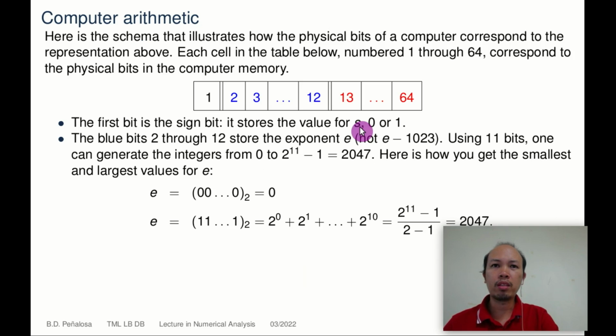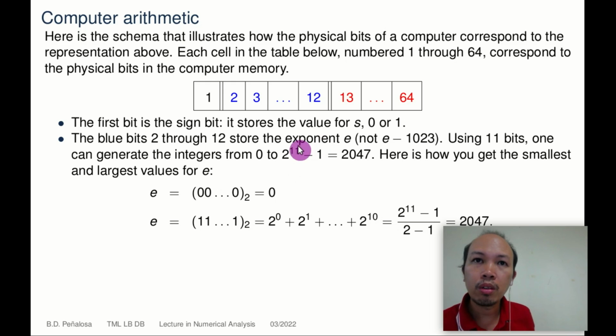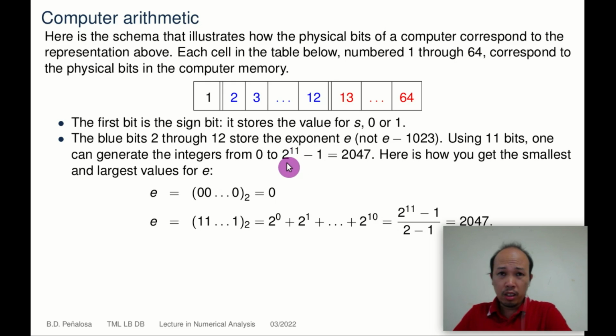Why do you have to subtract 1 from 2 to the 11? Why is it 2 to the 11?